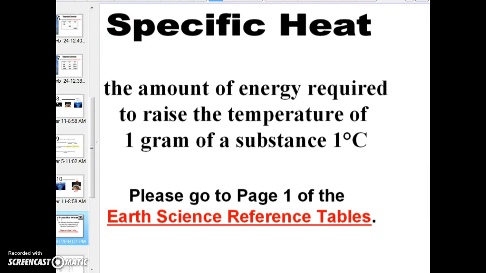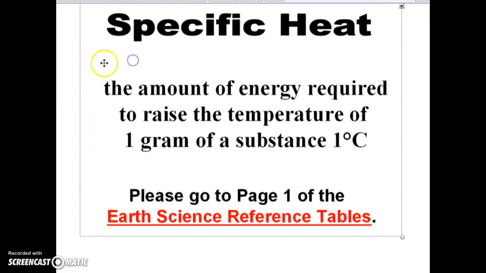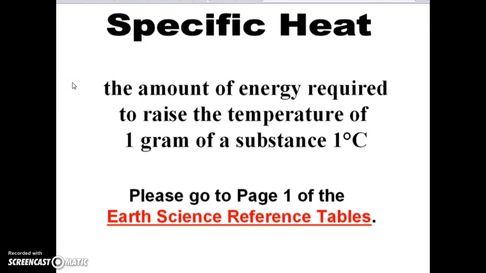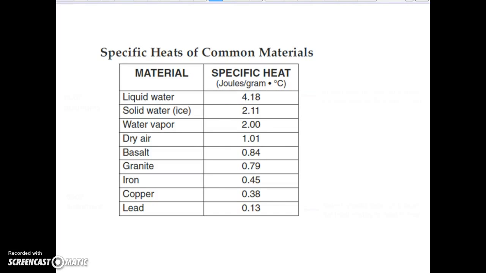Now, there's one more aspect of heat that is important for us to understand, and it's something called the specific heat. If you want to heat an object up, you need to give it a specific amount of energy. The specific heat is the amount of energy that's required to take 1 gram of a material and make it 1 degree Celsius warmer. In your reference table on page 1 is a chart that shows you the specific heats of common materials.